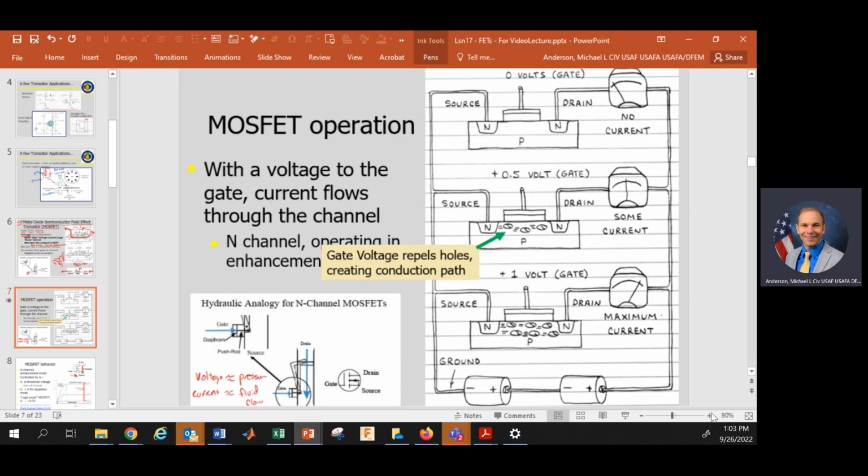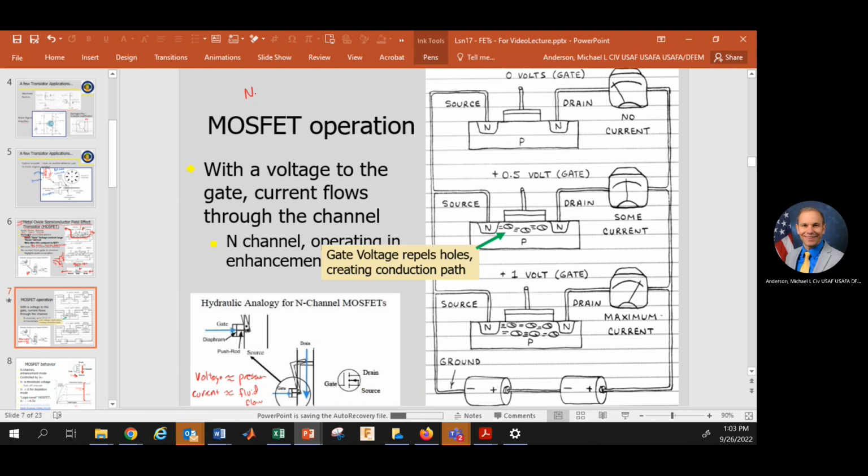So zooming out here on our slide, here's kind of the physics of how a MOSFET operates. When the device is set up, there's a P-type material, and this is an N-type enhancement mode MOSFET. That's what this is showing here. So you have a substrate material that's P-doped, and then you have these two channels that are N-doped.